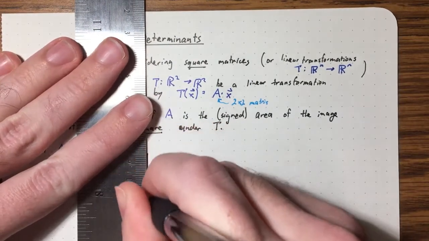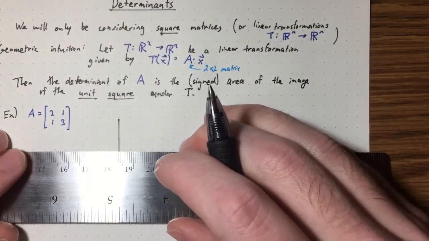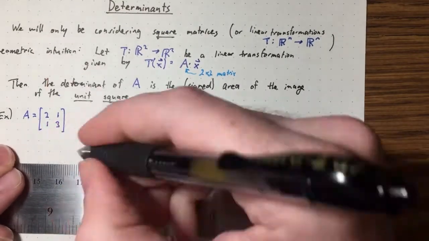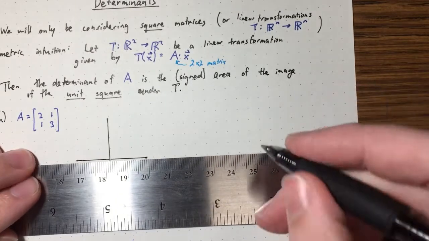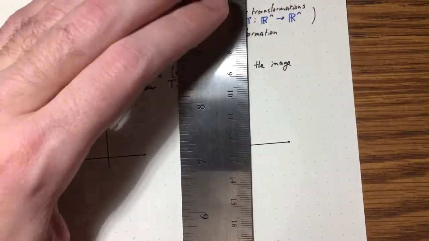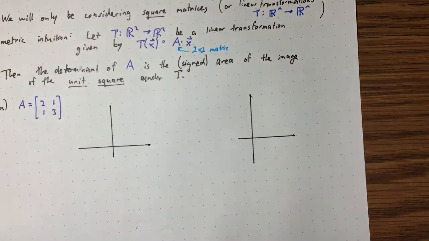So let's draw a picture of this linear transformation. We're going from the same space to itself, but I'll draw it over here.